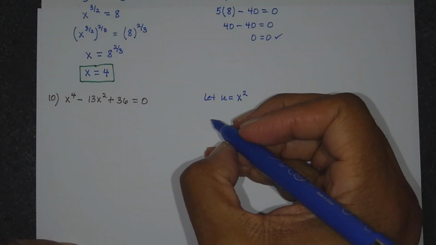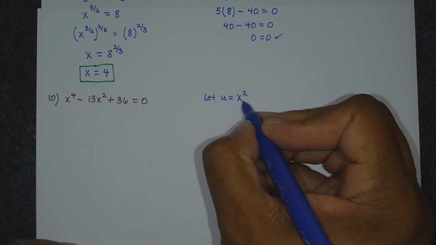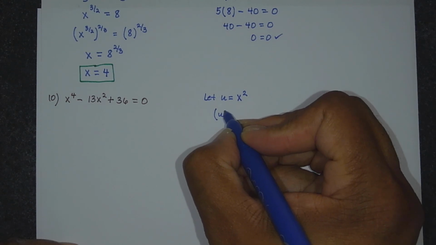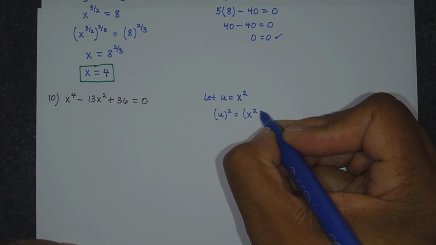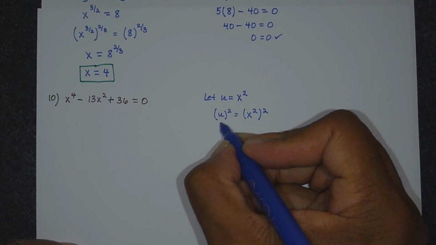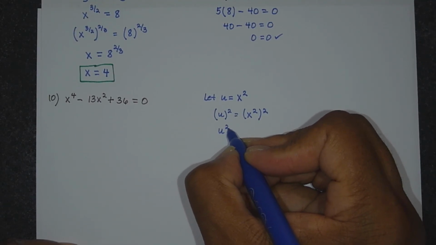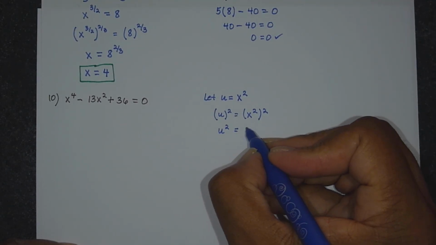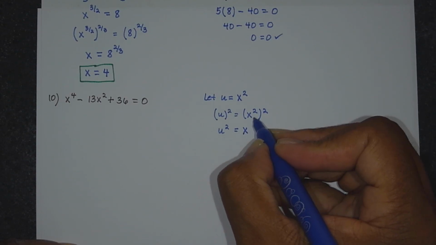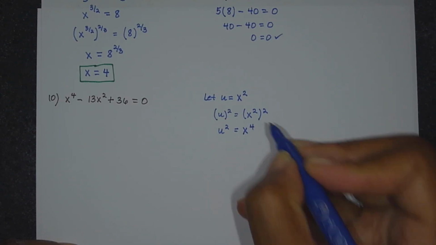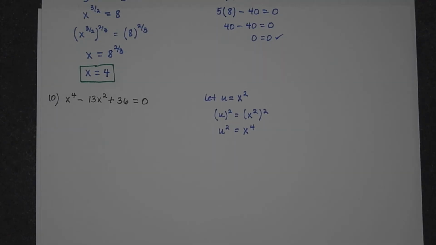And then I'm going to square both sides of this equation. So u squared will be equal to, here I'm raising a power to a power, so I multiply my exponents. It'll be x to the 2 times 2, which is 4. So u squared will be x to the 4th.